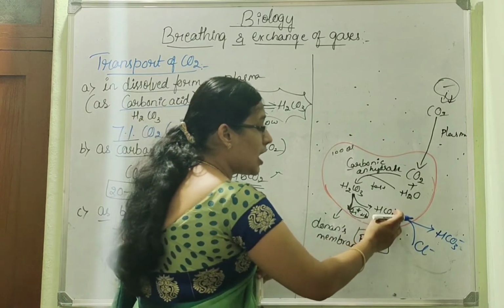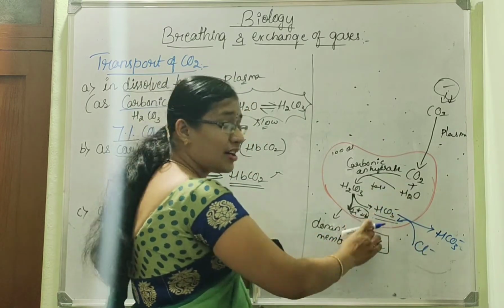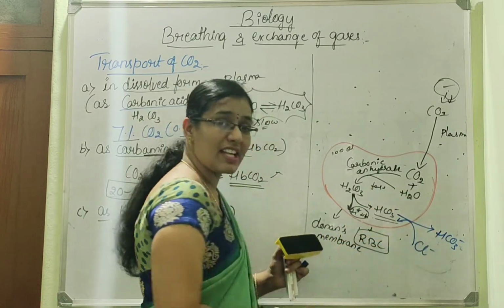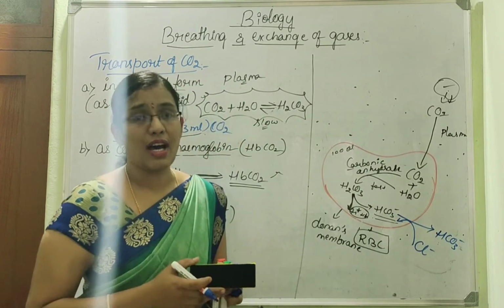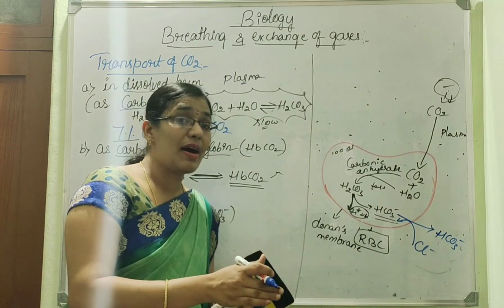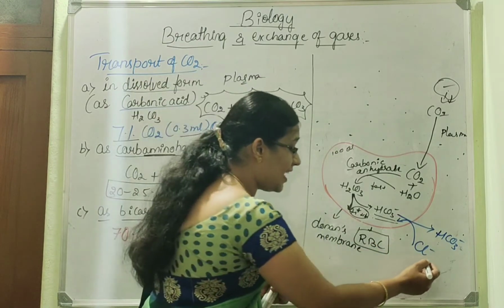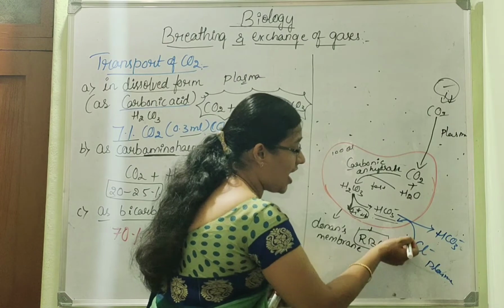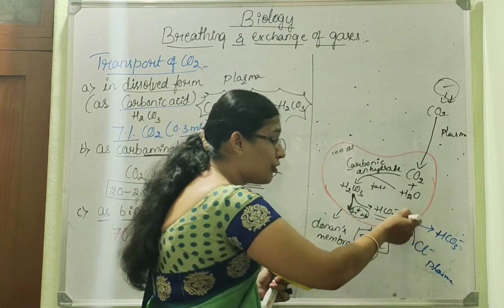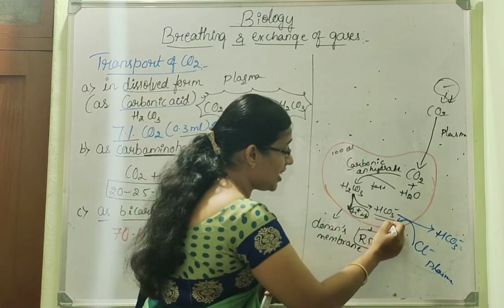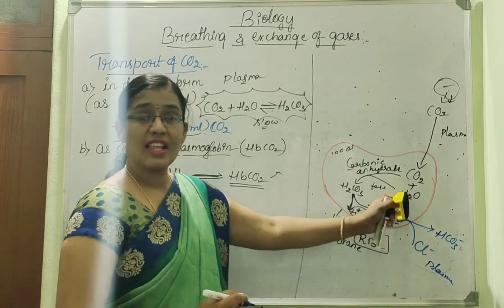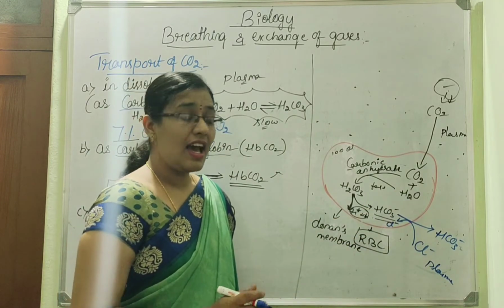When these bicarbonates diffuse from RBC into the plasma, there is an ionic imbalance, and to restore the ionic balance, the chloride ions present inside the plasma diffuse into the RBCs.